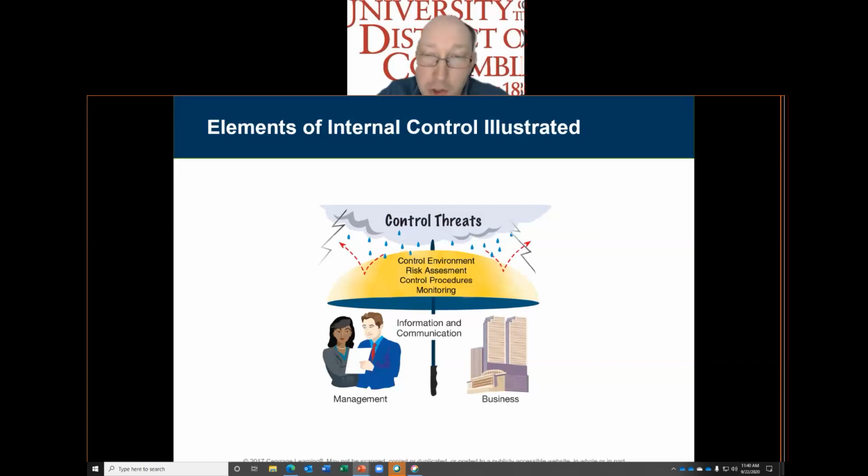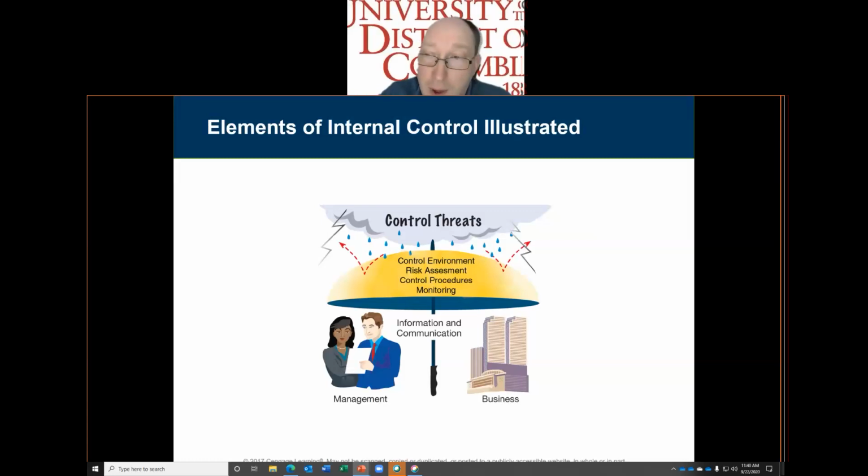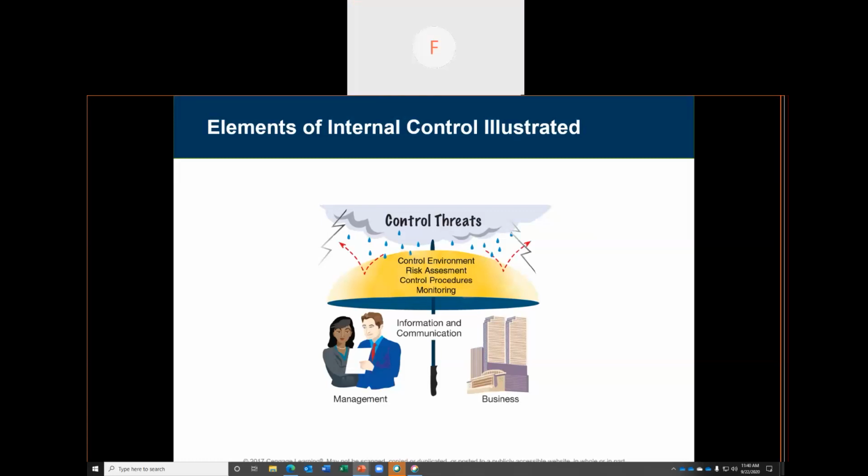There are things you cannot control, but there are things you can control. We can control our environment. I can prevent people from tripping and falling. I can control the flow of cash in the business. I can assess the risk. I can control the procedures and the monitoring aspect. That's stuff I can control.